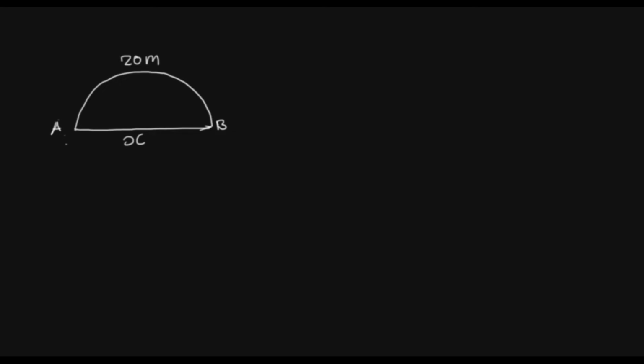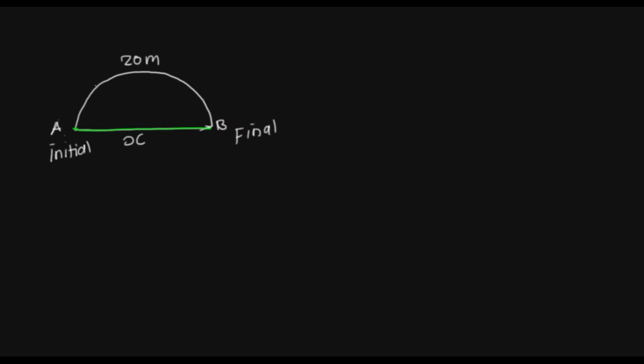For displacement, we are just looking at the straight line from the initial, which is point A, to the final, which is point B. Regardless of how the person or object moved, we just consider the straight line. So this line in green is our displacement.